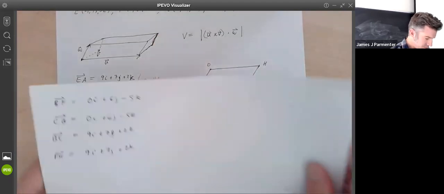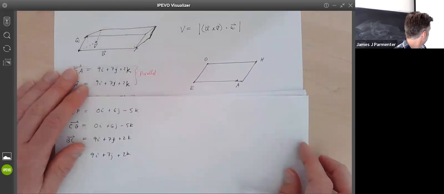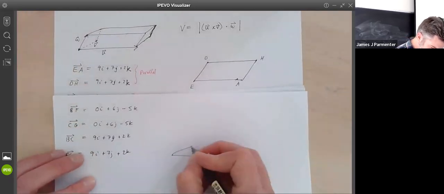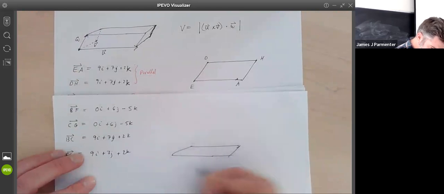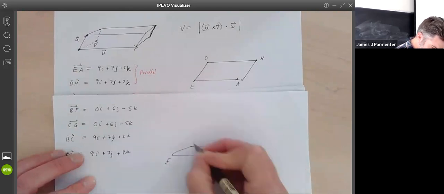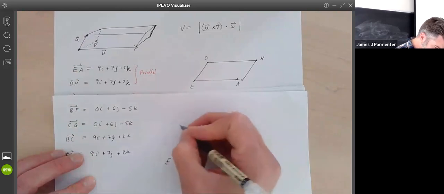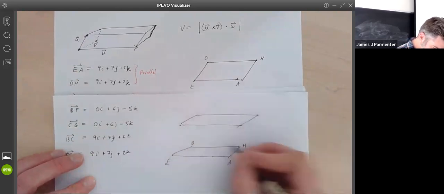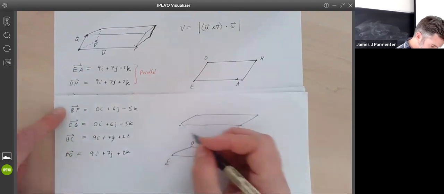So essentially, what I've got so far is I've got the bottom here, which is like my E, A, D, H, and then above it, parallel to it essentially, is my sum.